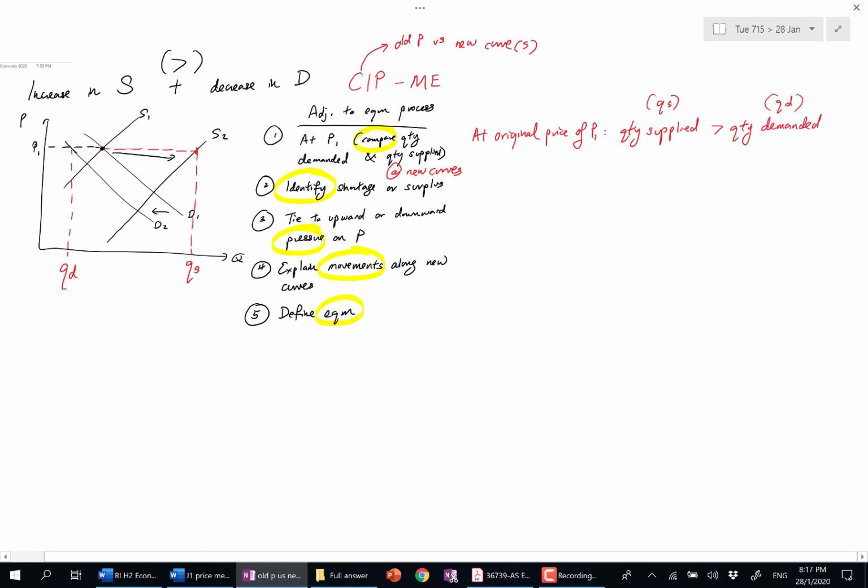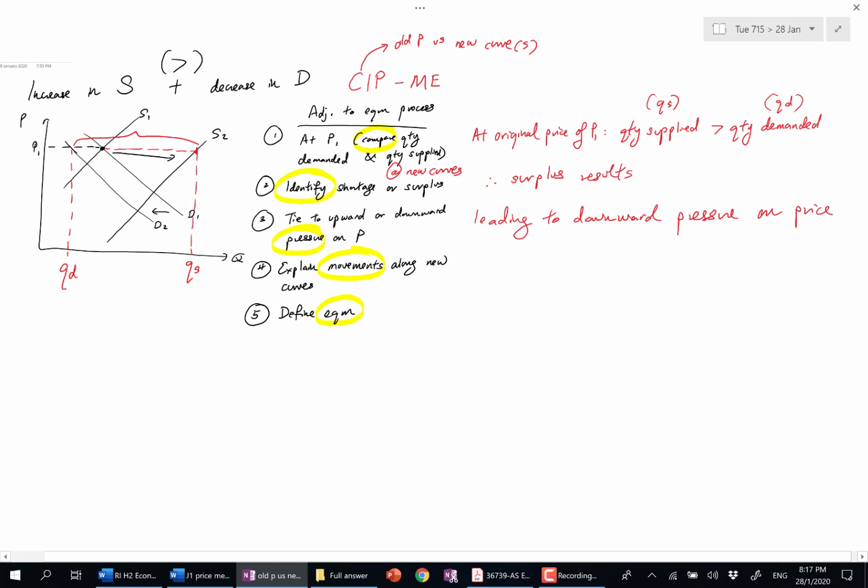So this results in a surplus, a very big surplus, this big. You can label on your diagram. So you have a very big surplus leading to downward pressure on price. Okay, downward pressure on price.